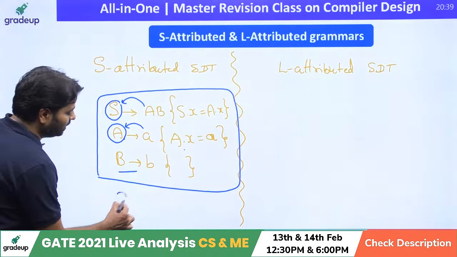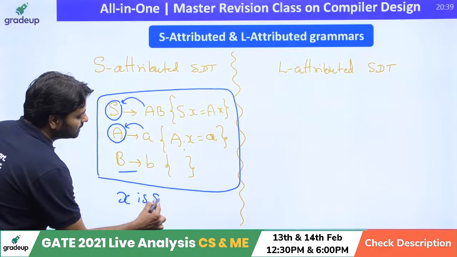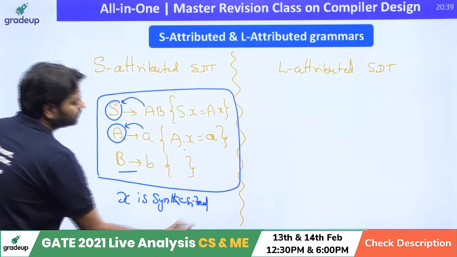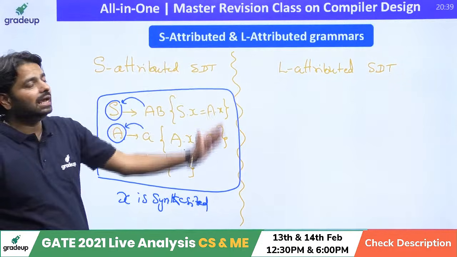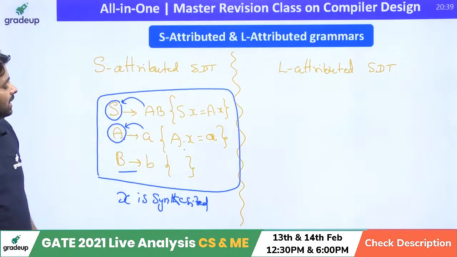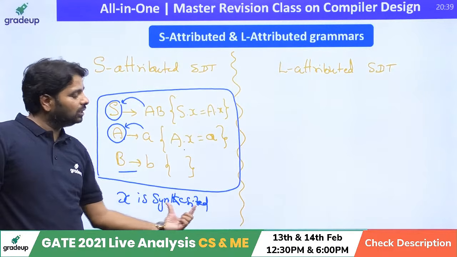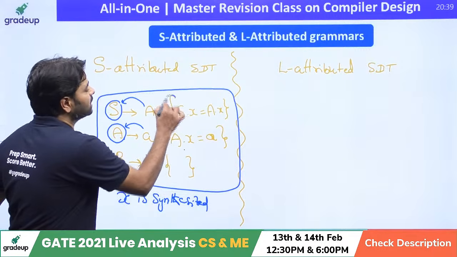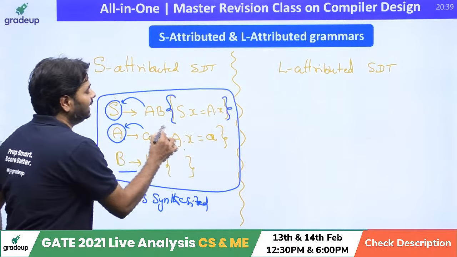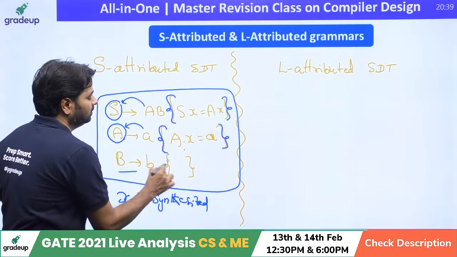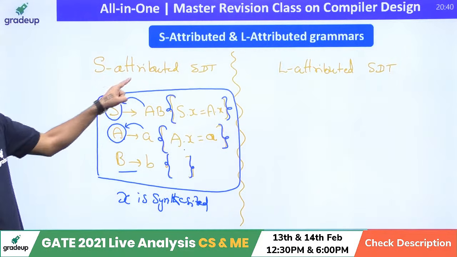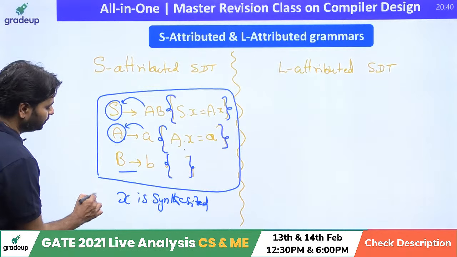So I can say here X is synthesized, but I don't know the grammar yet. Now this grammar is S-attributed grammar if every attribute is synthesized, and all the productions are at the end. So that grammar is called S-attributed SDT. This is the first point.